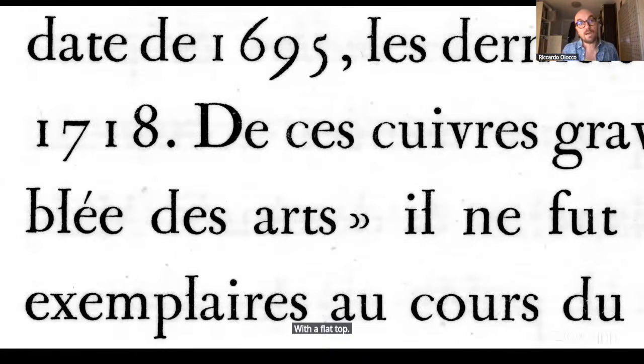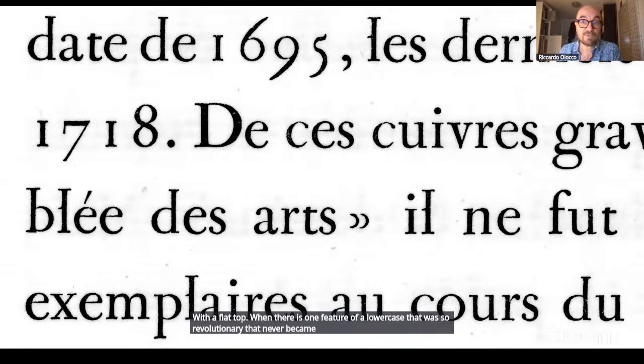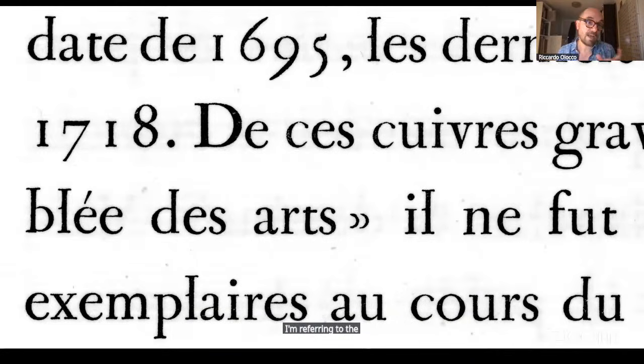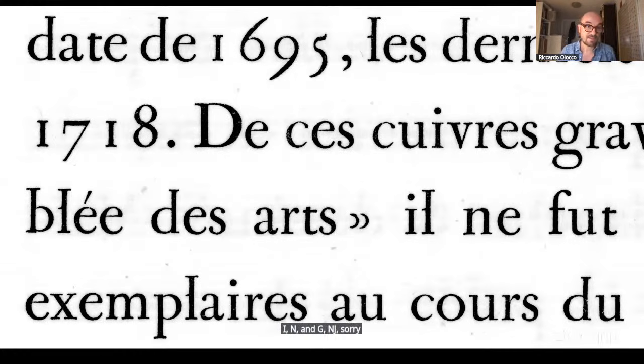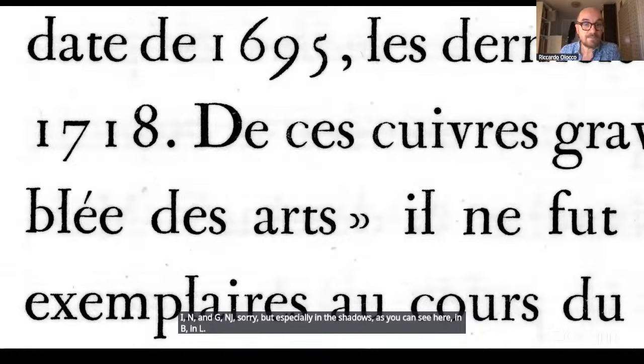Then there is one feature of the lowercase that was so revolutionary that it never became a custom in typographic letters. I'm referring to the symmetrical, or bilateral, top serif in the ascenders, in i and in g, and in j, sorry, but especially in the ascenders, as you can see here, in b, in l, and in d.